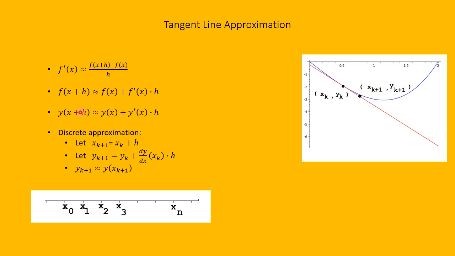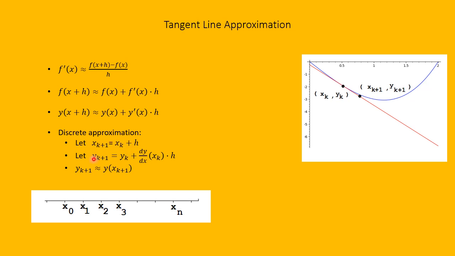Okay, so just to change our notation a little bit, y of x plus h is approximately y of x plus y prime of x times h. And so here's the discrete approximation we can make. Let's let k be some integer. Let's let x sub k plus 1 equal x sub k plus h.